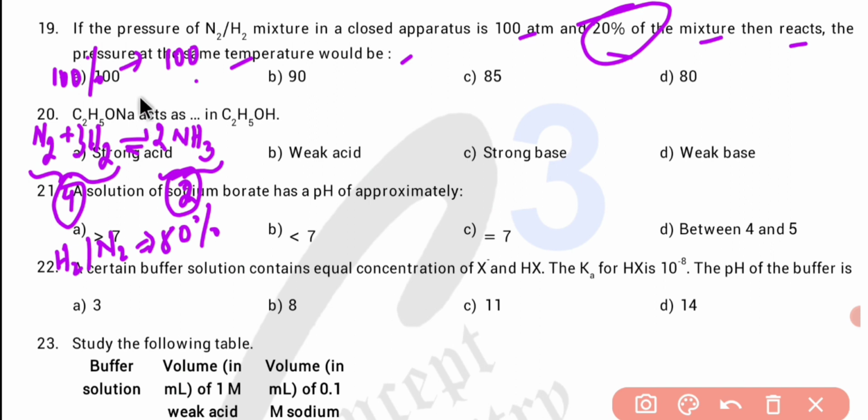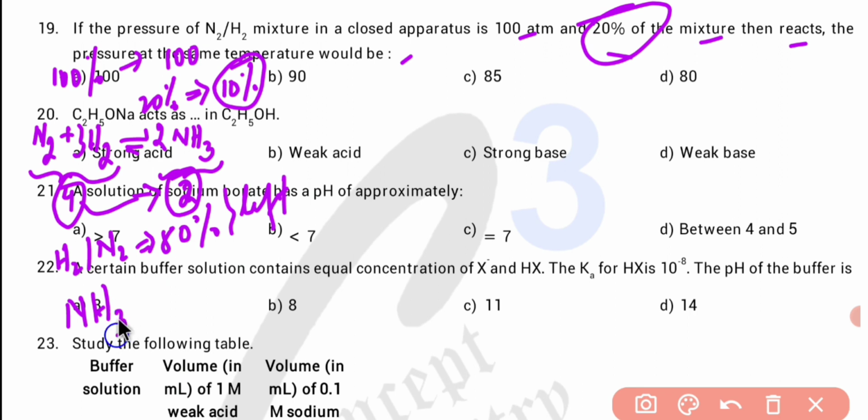From that 20%, the ammonia formed will be only 10%, because from 4 moles of nitrogen hydrogen mixture only 2 moles of ammonia are produced. So from 20% of the hydrogen nitrogen mixture only 10% of ammonia will be formed. So the hydrogen nitrogen percentage left is 80%, and ammonia formed is 10%.